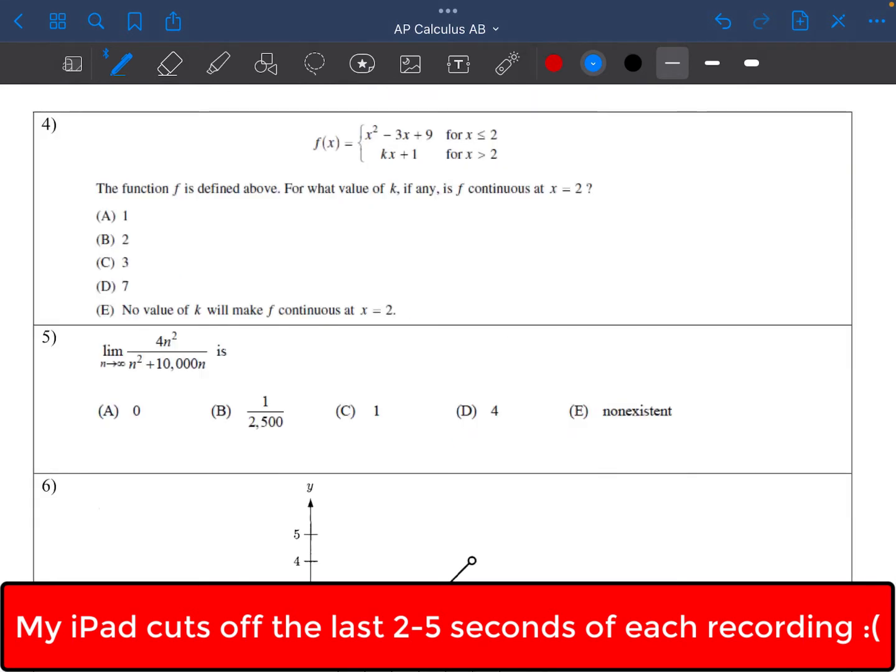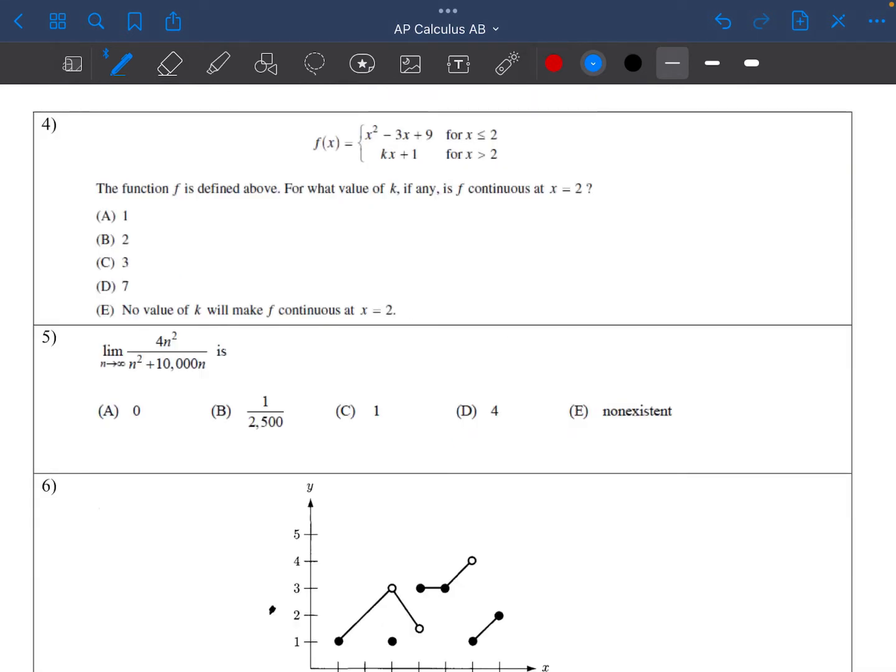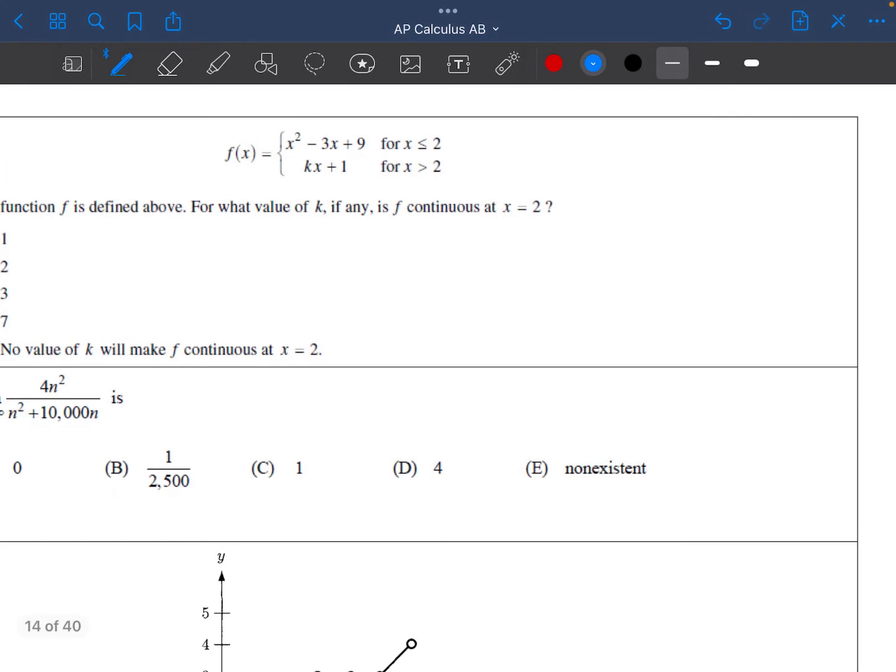For problem number 4, we're trying to find, if it's continuous at x equals 2, what is the value of k? And this is using the continuity test, which essentially says make sure that the left is equal to the right, which is equal to the actual height. And notice that the left and the height are the same piece, wherever you have an equal sign on the inequality.